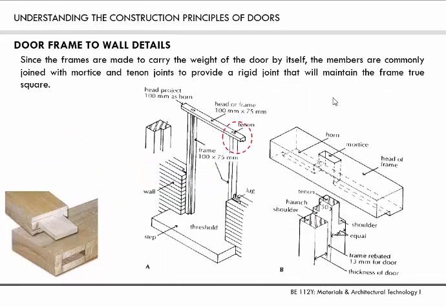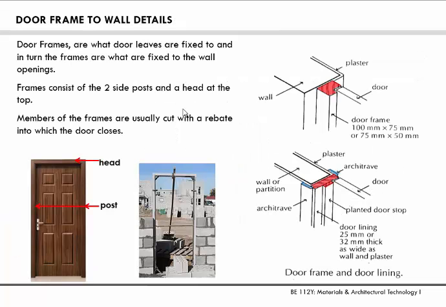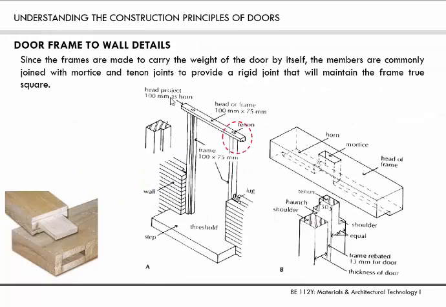Now if we move on, this is showing the construction of the frame. Again, the main words are the head here and the post here. The whole thing is the frame. This one also uses the mortise and tenon joint, your thumb drive joint, so-called, so that you have a rigid joint here to hold the frame.